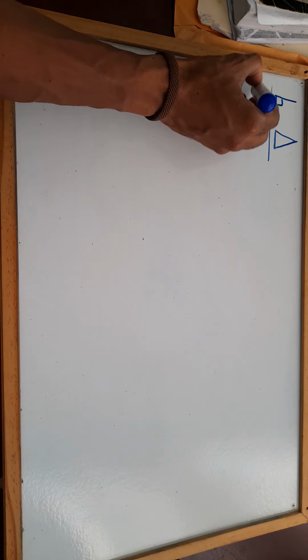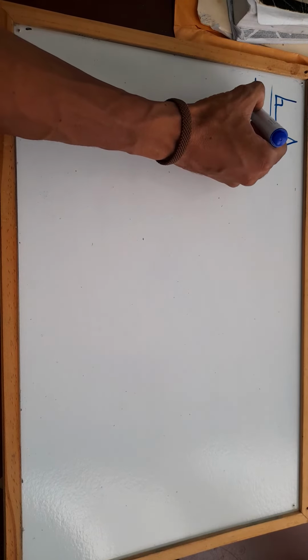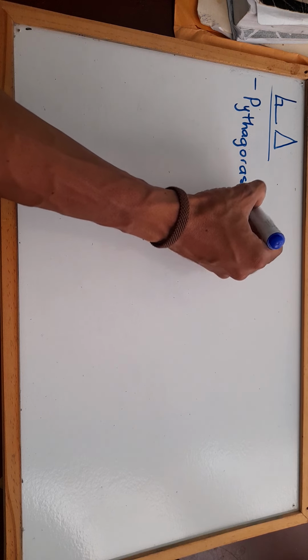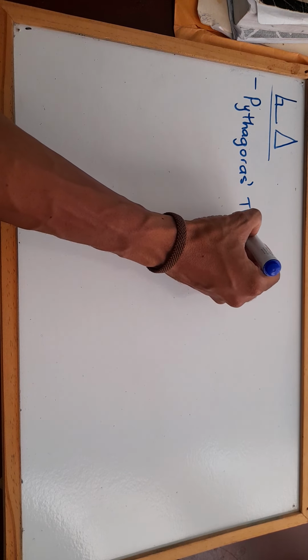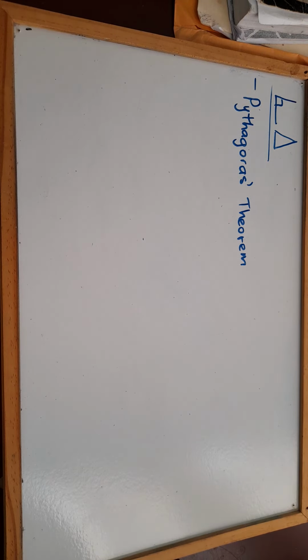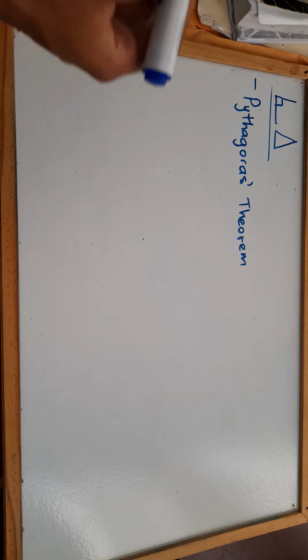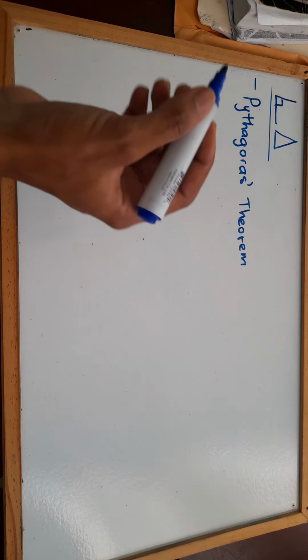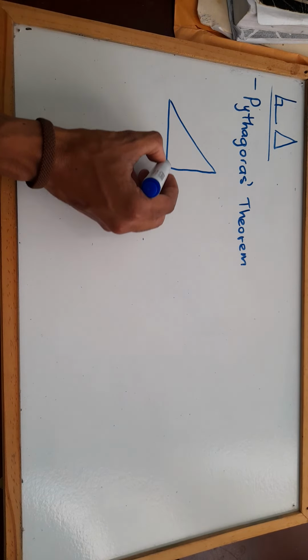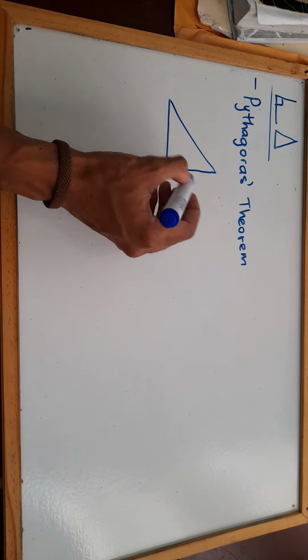Now, Saturday gone, we dealt with Pythagoras' theorem. I don't know if it's spelled correctly again, but who cares, right? We dealt with Pythagoras' theorem, and we established that Pythagoras' theorem only dealt with the sides, finding the sides of a right angle triangle, right?